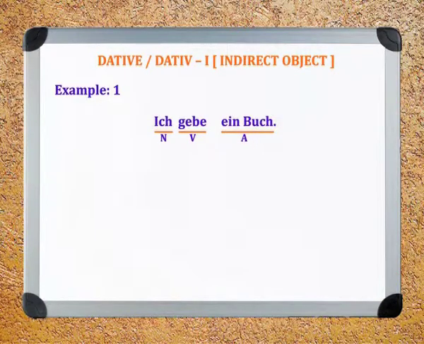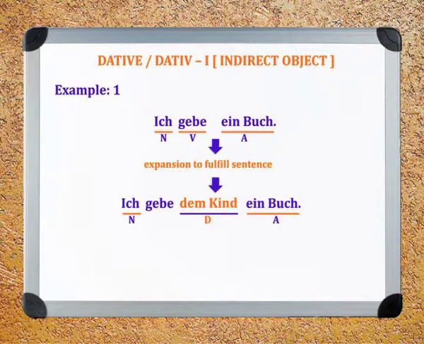So if we look at this sentence, we have enlarged it to include the dative noun. Here we again have the subject ich, the direct object ein Buch, which is the accusative, and a new element, the indirect object, dative.